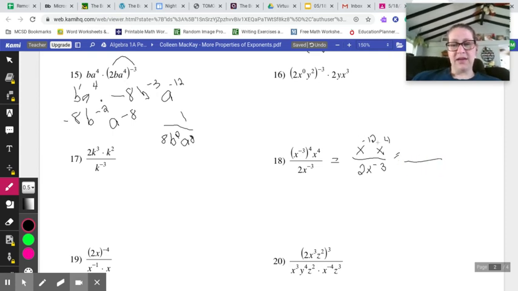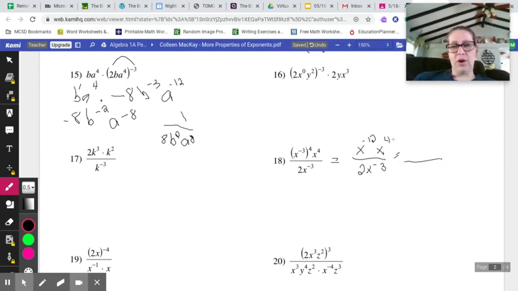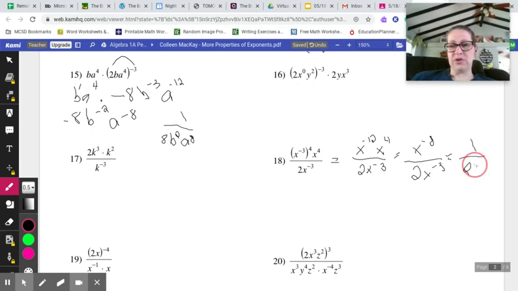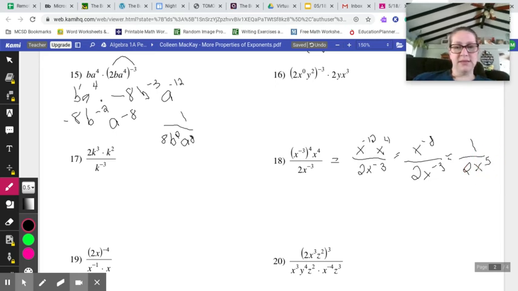So I have negative 12 plus 4, which is x to the negative 8. And then 2x to the negative third. Okay. When we divide exponents, we subtract them. So I have negative 8 minus negative 3, which is x to the negative fifth. So to get rid of that negative sign, I'm just going to put it down on the denominator. And that is it for number 18.